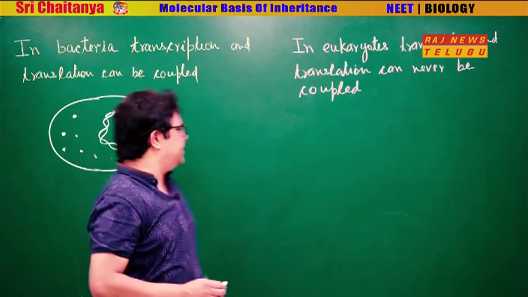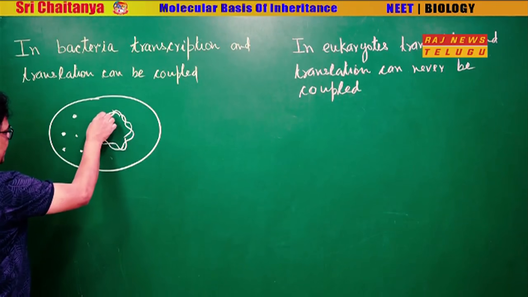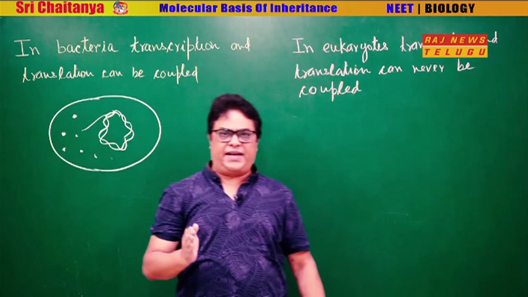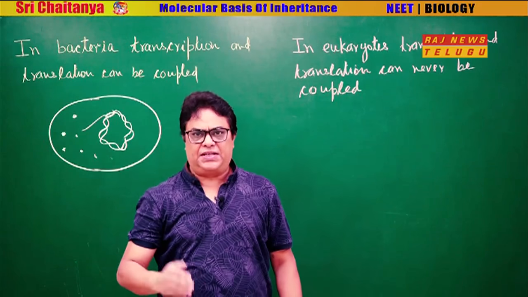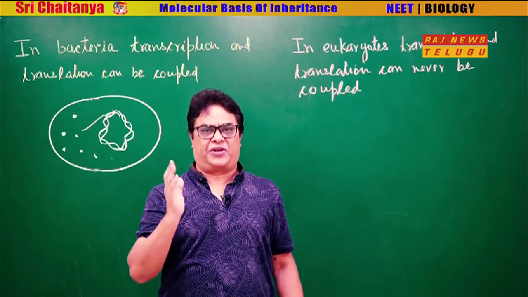Okay. Second thing is that in bacteria the product of transcription is directly mRNA. In bacteria or prokaryotes, the product of transcription is directly mRNA that is ready for translation.